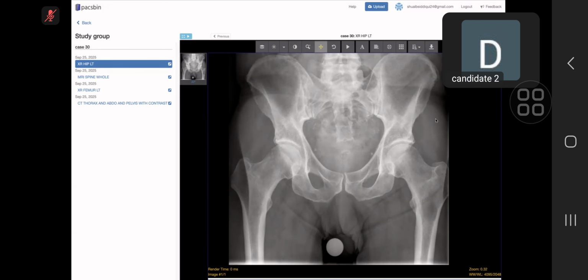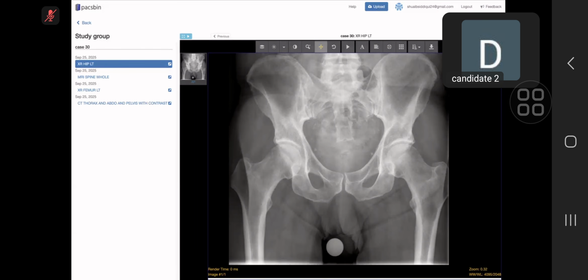This is a frontal radiograph of the pelvis for a skeletally mature patient. I will have a look at the X-ray and then I will comment. I couldn't really appreciate something clear.